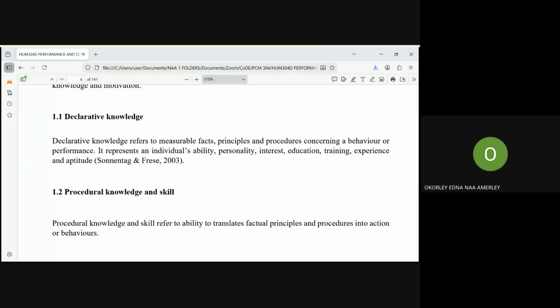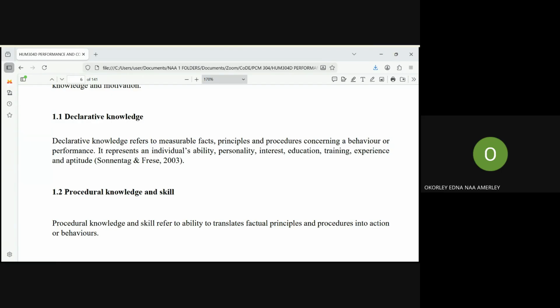These measurable facts represent the individual's ability, personality, interest, education, training, experience, and aptitude. Or let me say knowledge. And this is underpinned by Sonitag and Fraser 2003.